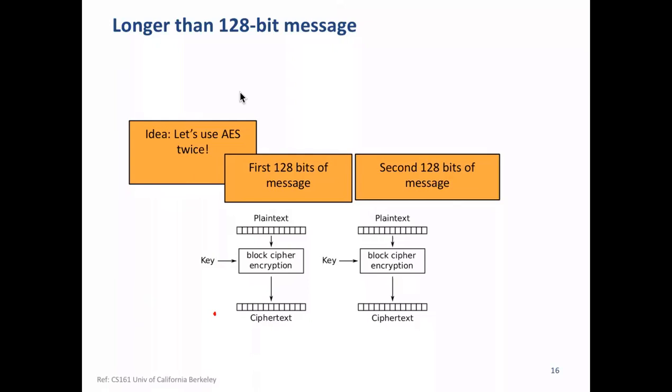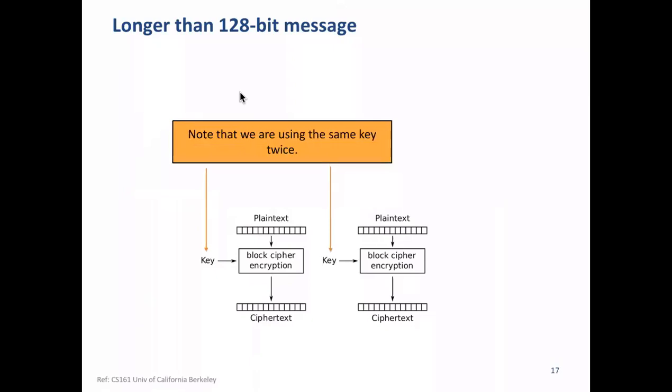The other thing you notice is that we are using the same key. Okay, so basically we cannot change the key every time. And this use of the same key on different parts of the message will reveal something.